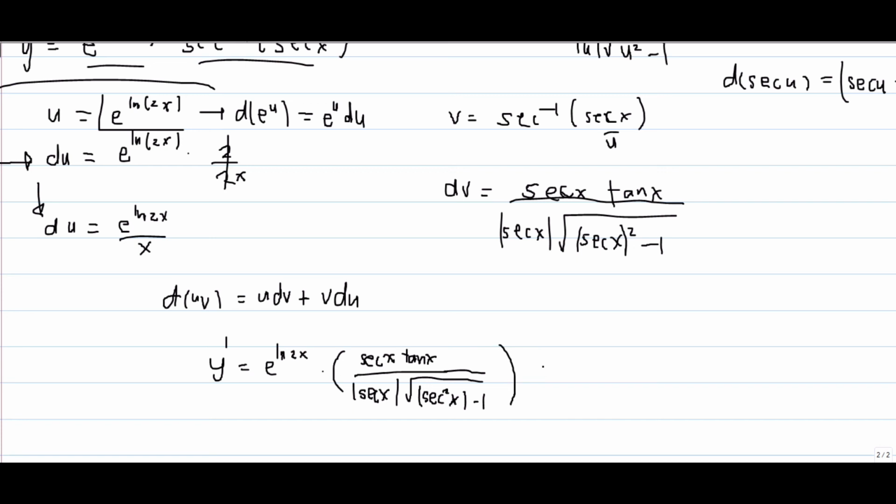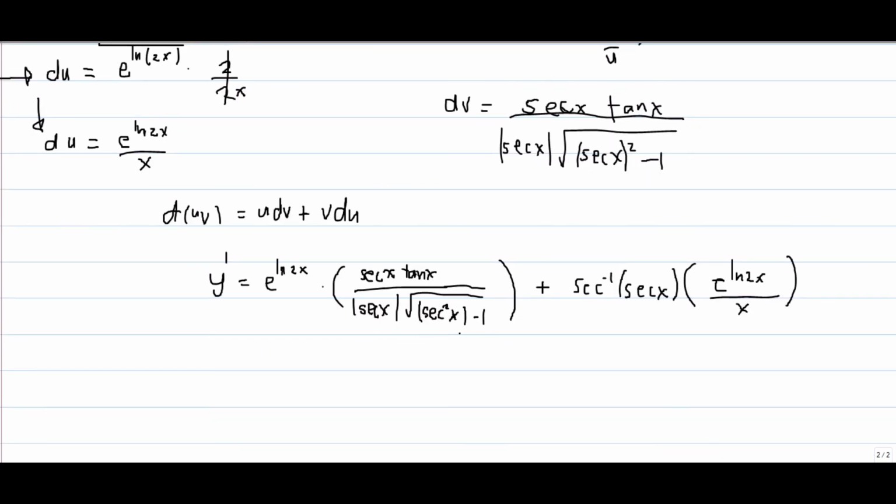Then plus v, where v is equal to secant inverse of the quantity secant x, then times du, which is equal to e to the power ln 2x over x.